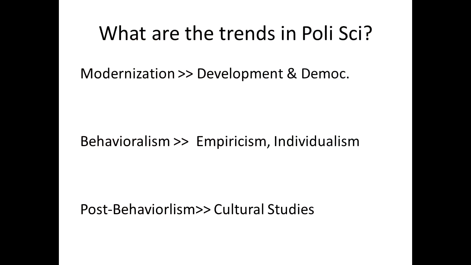Or why would you participate in a democracy now but not later? Or when would you demand a democracy? Behavioral approaches also tend to be increasingly empirical. So when we talk about comparative politics as a method, we'll talk about the idea of empirical analysis in a scientific way.